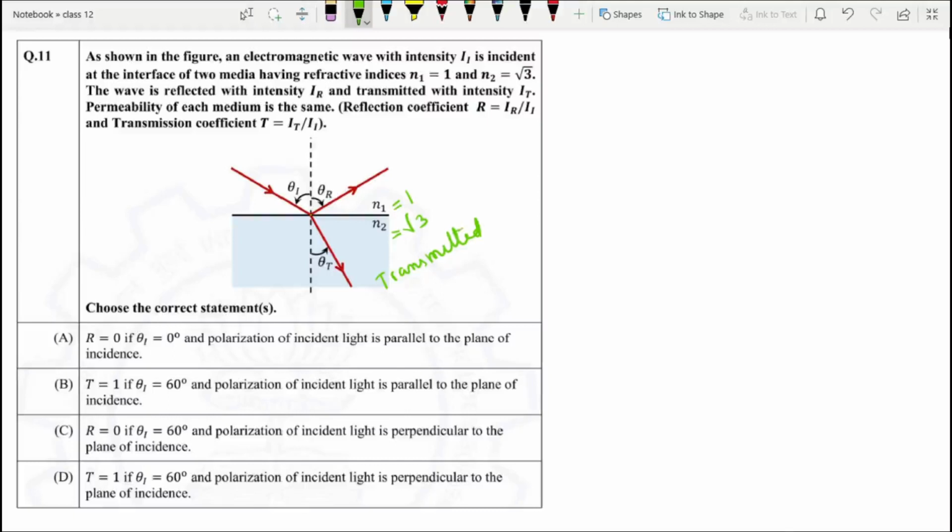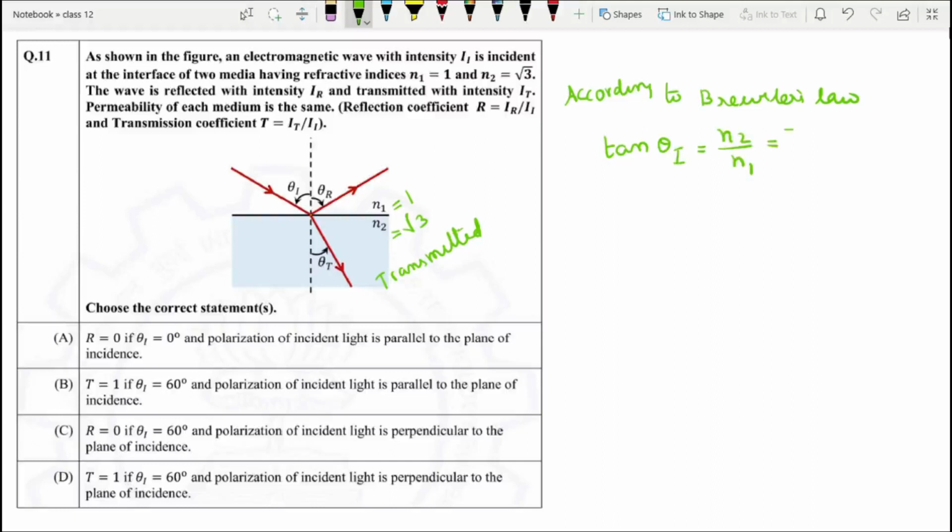First we will calculate the Brewster's angle. According to Brewster's law, tan of angle of incidence is equal to n2 divided by n1.